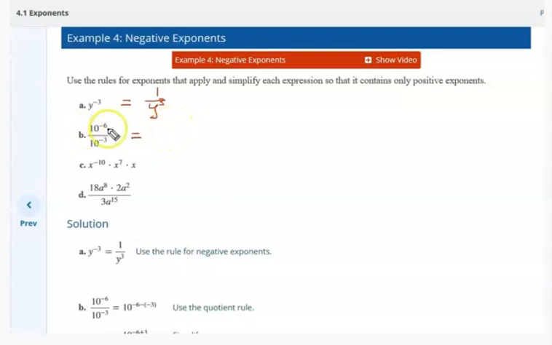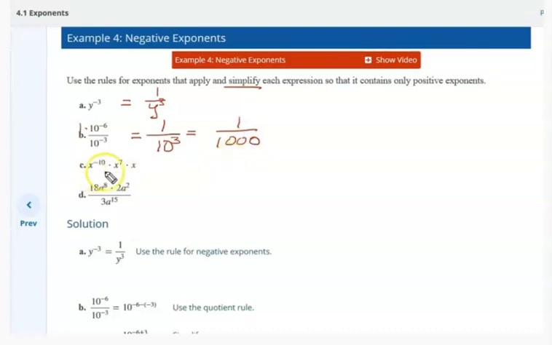Since this is a 6, this is going to be 1 left up in the numerator, because there's a 1 there. The negative 6 comes down, becomes a positive 6. So this then will become 10 to the third. And if they want you to simplify, this is 1 over 1,000.